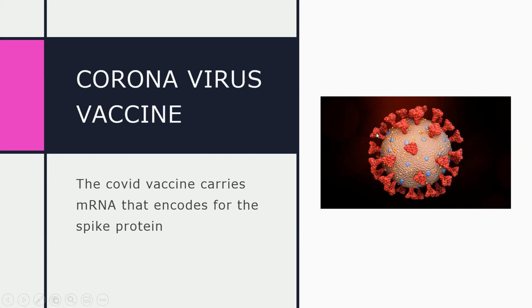And so those are these little guys out here. So what happens is when you get that vaccine, the mRNA is turned into proteins by your cells. And when they make those proteins, it makes these little spike proteins. And those little spike proteins can trigger an immune response.